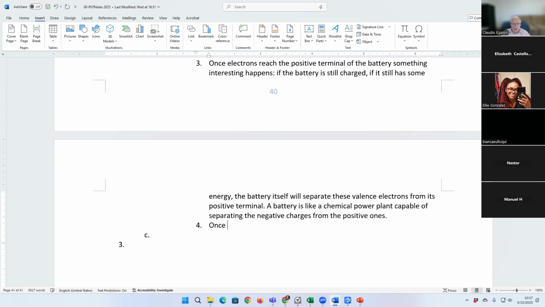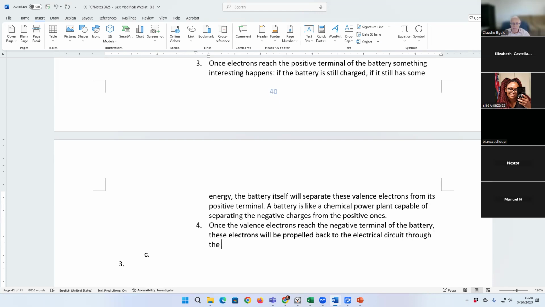Once the valence electrons reach the negative terminal of the battery, these electrons will be propelled back to the electrical circuit through the electrostatic force.